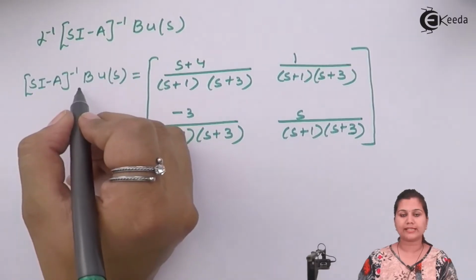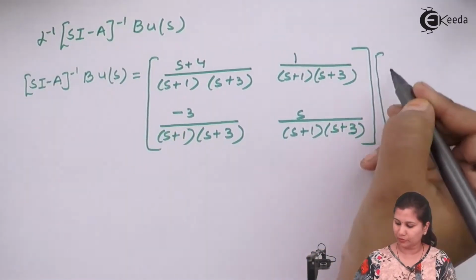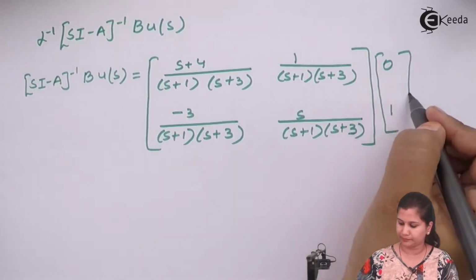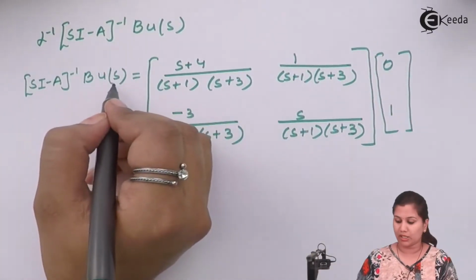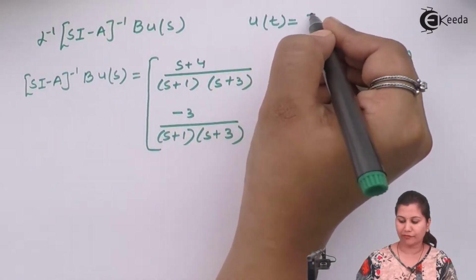Then the B matrix is given to us in the question, its value is 0 and 1. Then we have U(s). U(t) is given as 5.